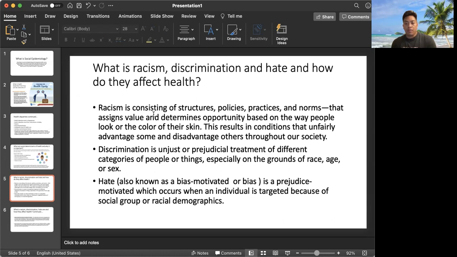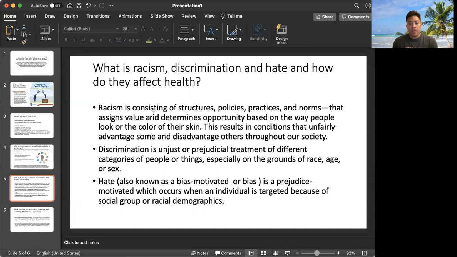And then discrimination is just unjust, prejudicial treatment of different categories of people or things, especially when it's around race, age, or sex. And this affects people's health if they aren't able to get the care that they need because they are turned down because of their color of skin, their sex, their age.